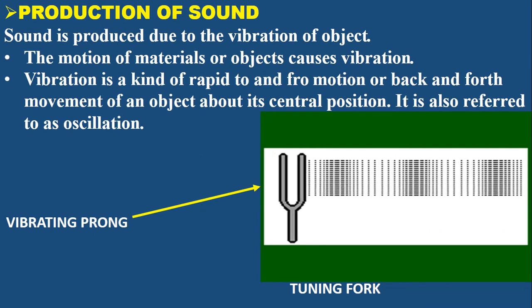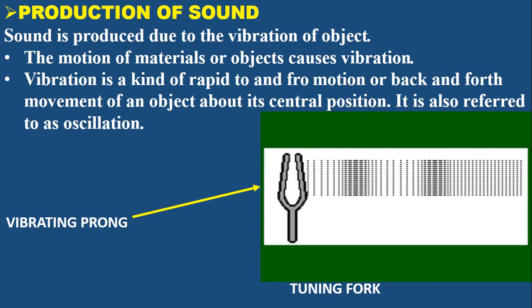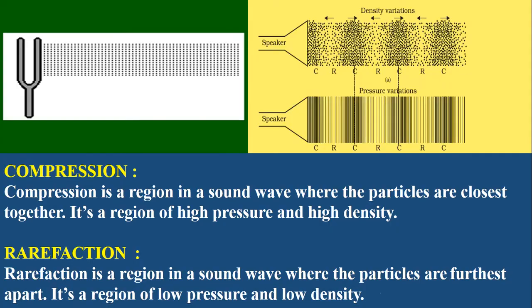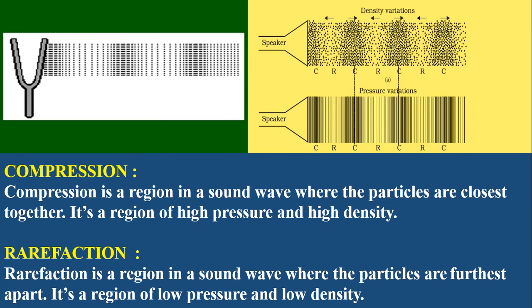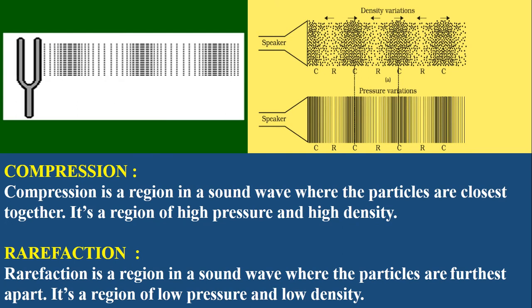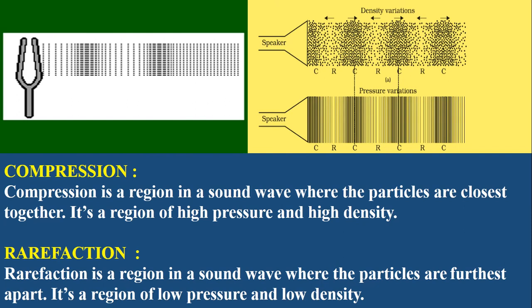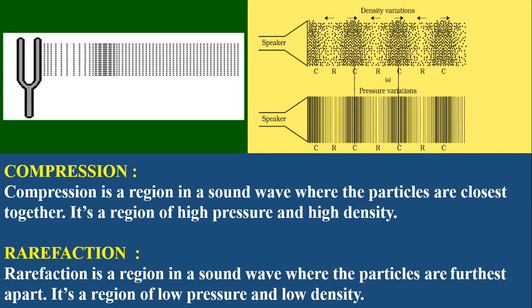Now in this first figure, as you can see, the motion which is present in the prong of a tuning fork is vibration. When the tuning fork vibrates, we can observe two types of regions are formed. One region is looking quite dense and the other one is looking not dense.